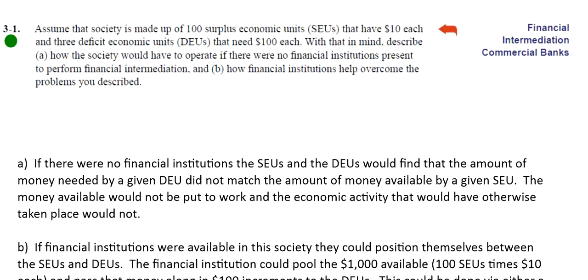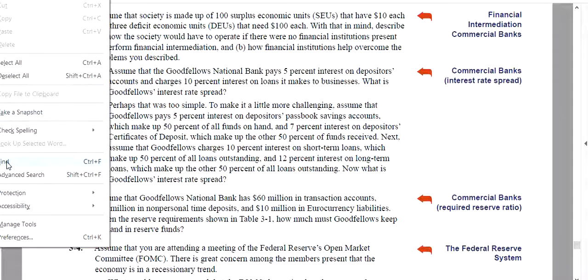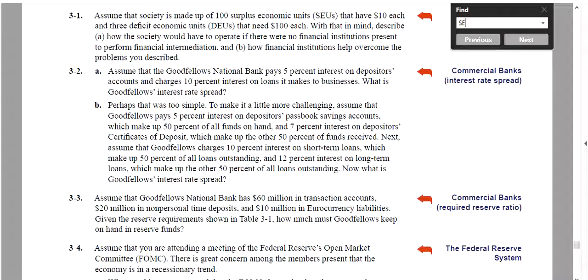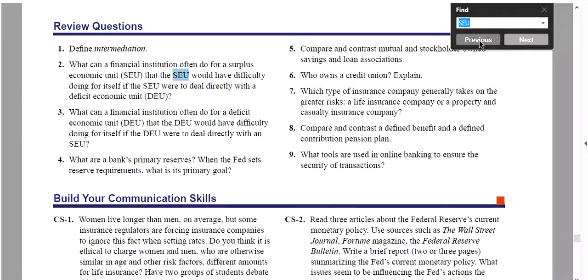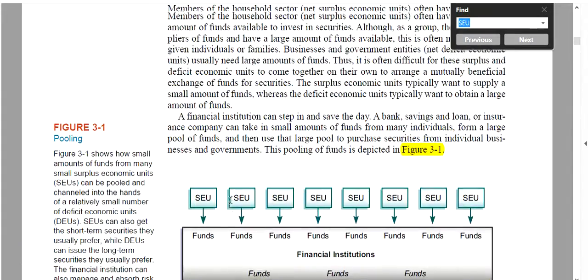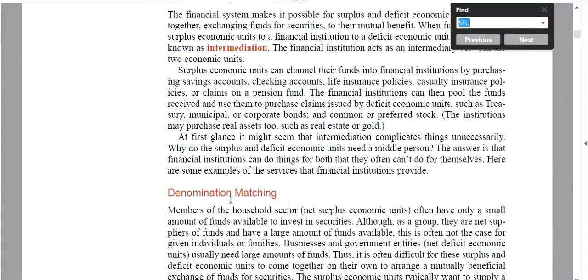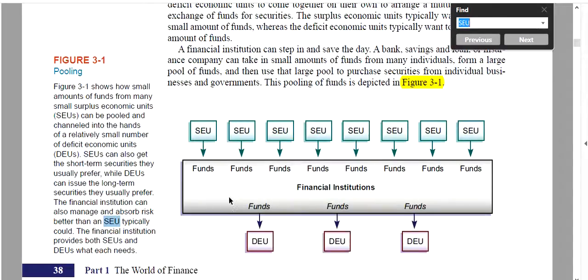If you go back to your book, and like I showed you before, just do a find for SEU, and we'll find the place in the book pretty quick where they talk about this, right here on page 38.